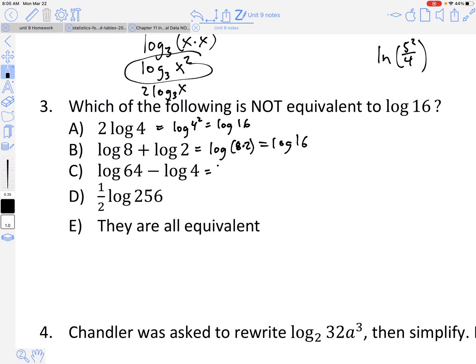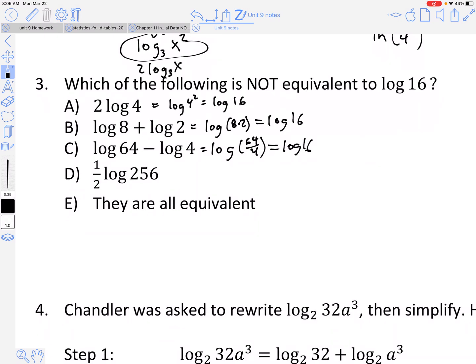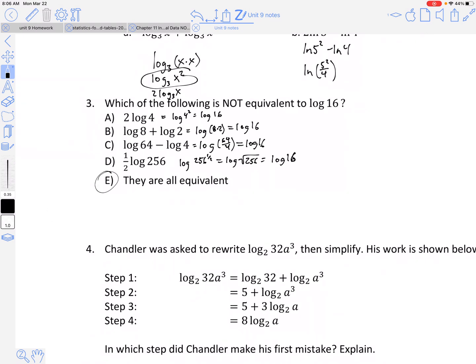This is going to give us log 64 divided by 4, which is also log 16. And then this one down here is going to give us log 256 to the 1/2, which is log square root of 256, which is log 16. Okay, so it looks like E, they're all equivalent.